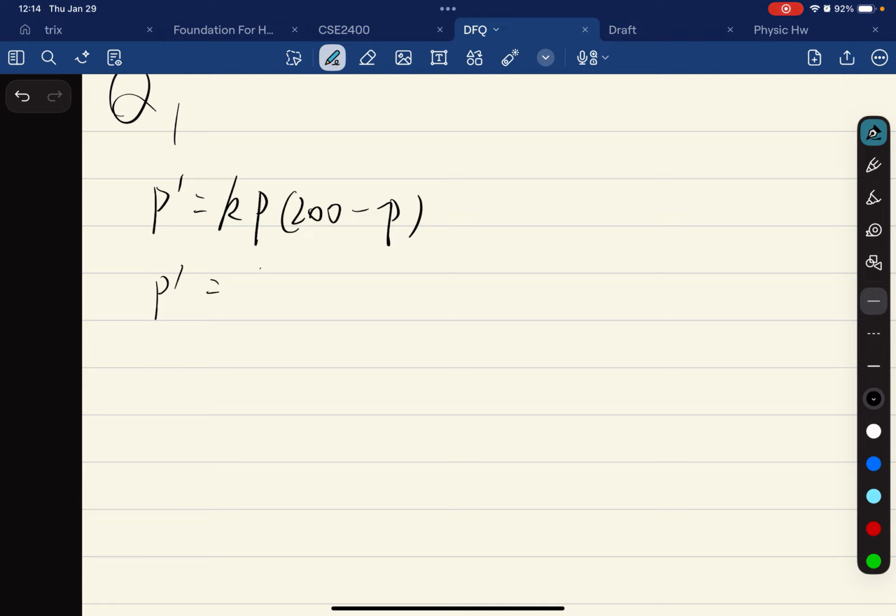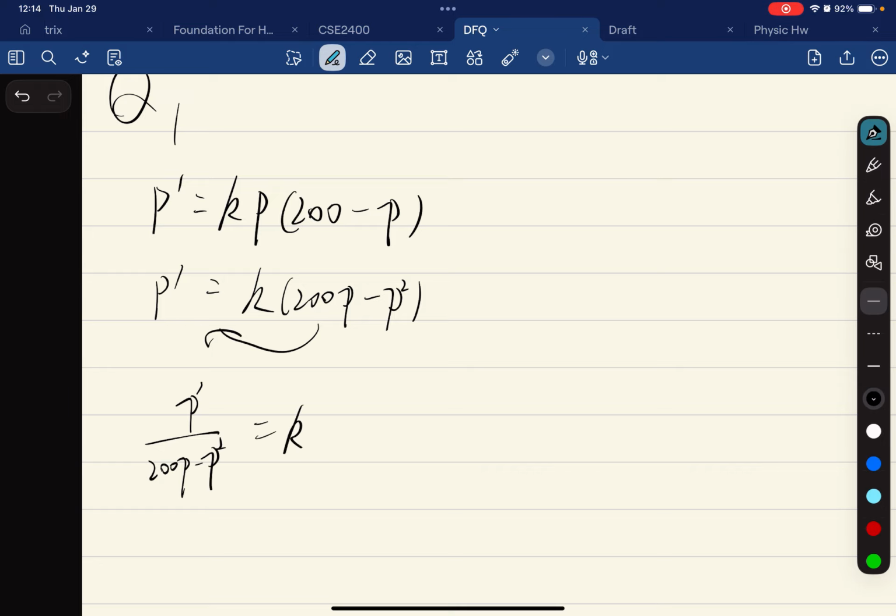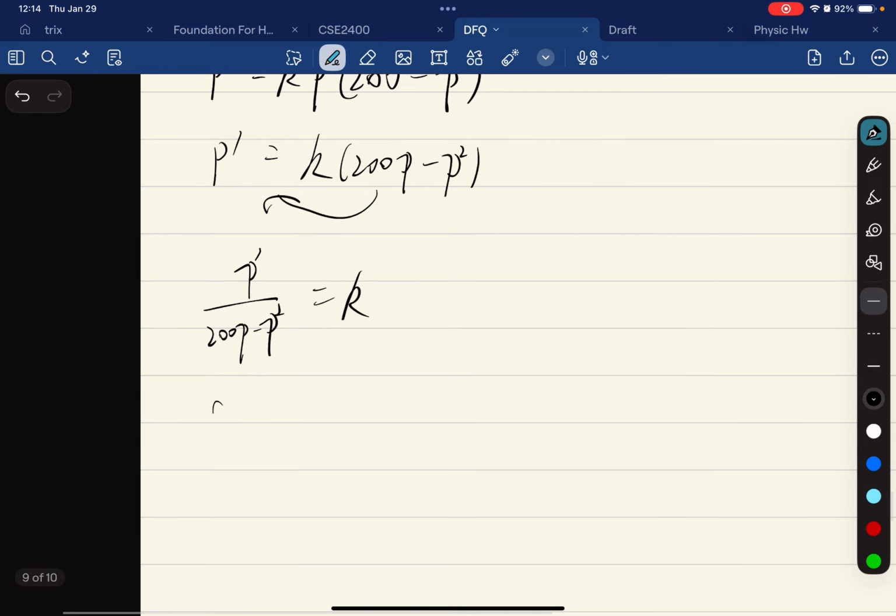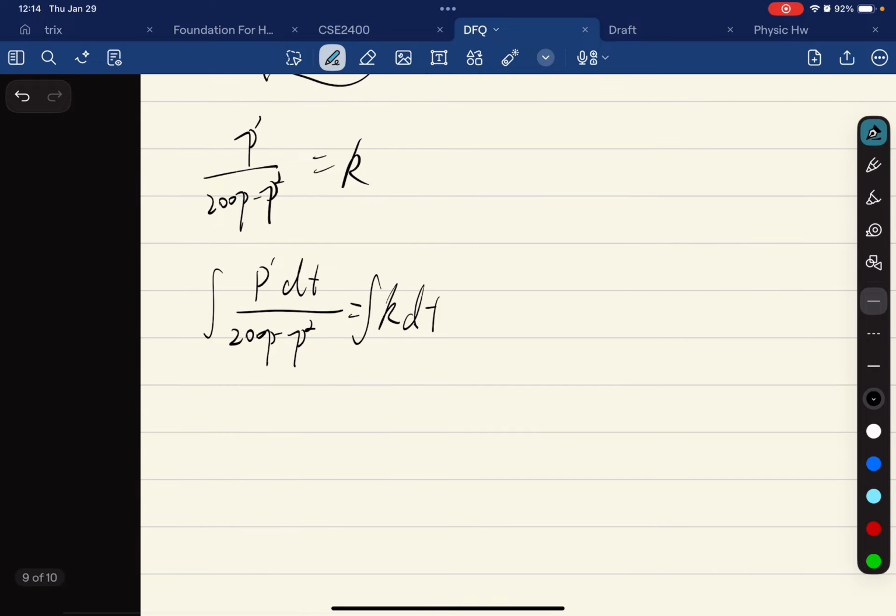We can expand this bracket a little bit and move everything to the left, which becomes dP over (200P minus P squared) equals k dt. And then we can take the integral with respect to t on both sides, and we can solve them separately.